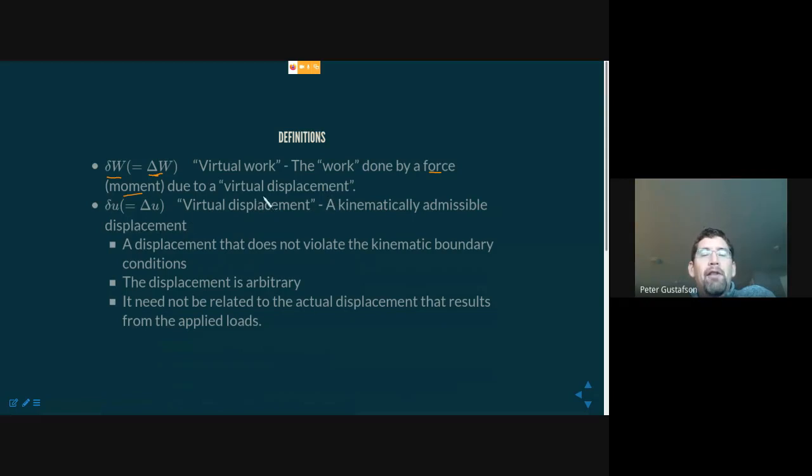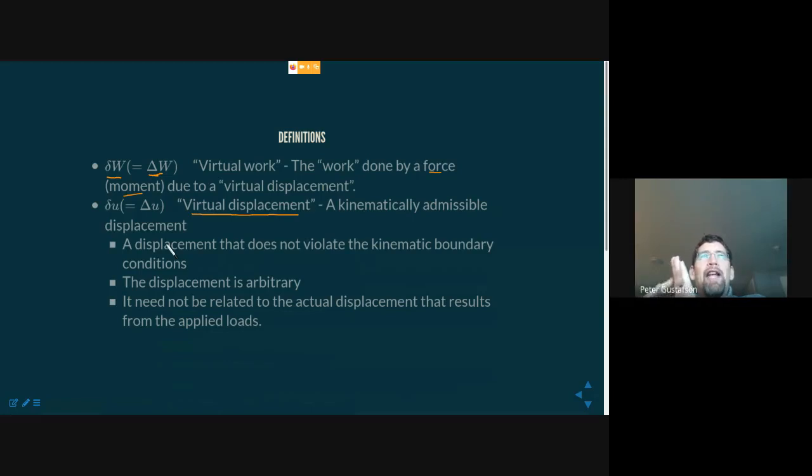Now that absolutely begs us to define what we mean by virtual displacement. So a virtual displacement is any kinematically admissible displacement. At this point, we don't need to know exactly what the displacement is. We just need to know it doesn't violate any boundary conditions.